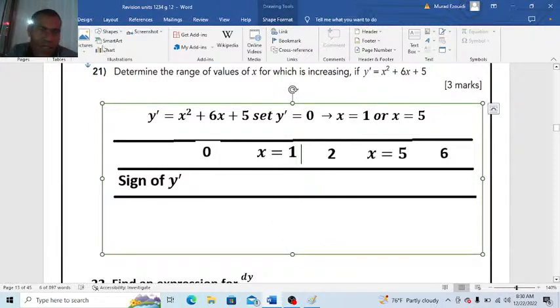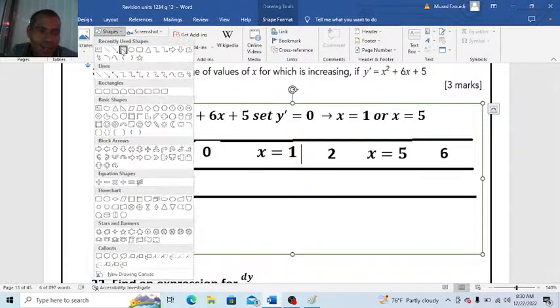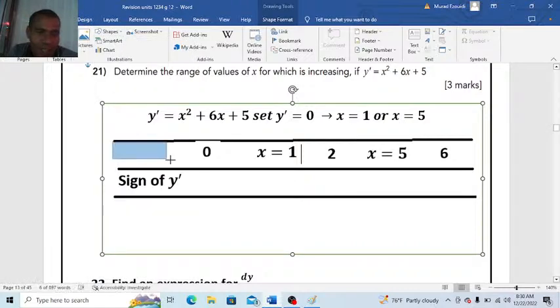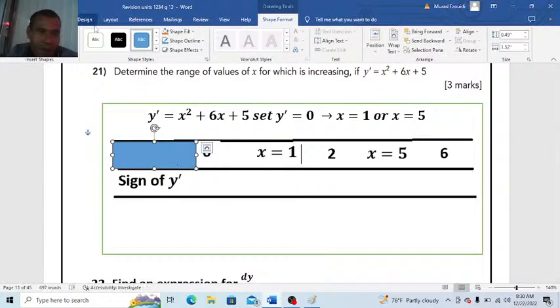This is the value of x. I will write here values of x. Now the first value of x is x equals 0.